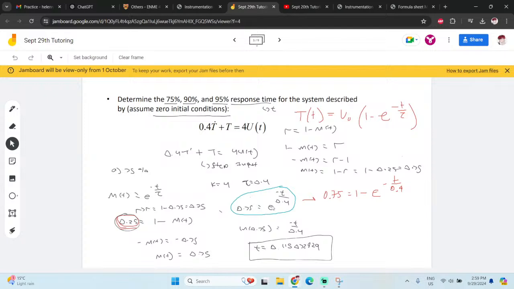Oh, I forgot the 1 minus over here where you circled. Because it's supposed to be m of t equals 1 minus e to the power negative t over tau. Yeah, 0.75 is m of t, but there's just no 1 minus to make it 0.25. Okay, well, at least I know how to use the general equation more now.